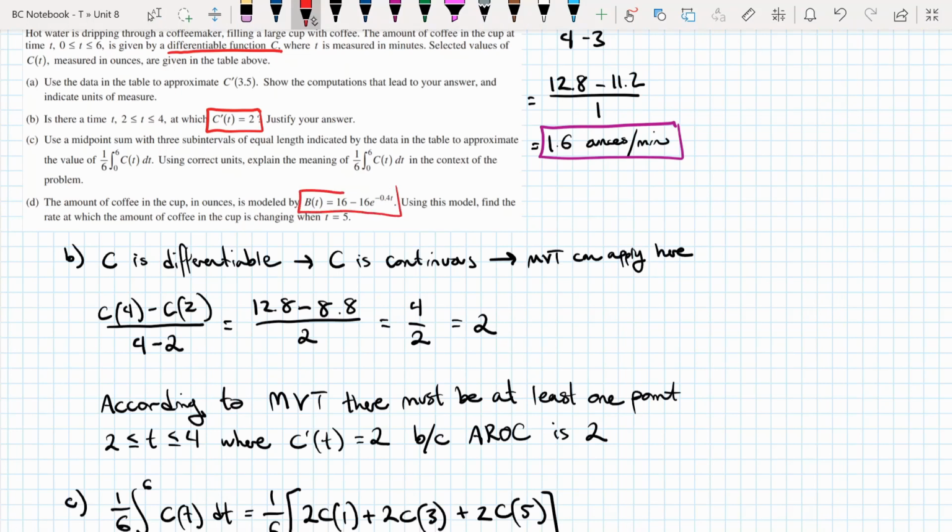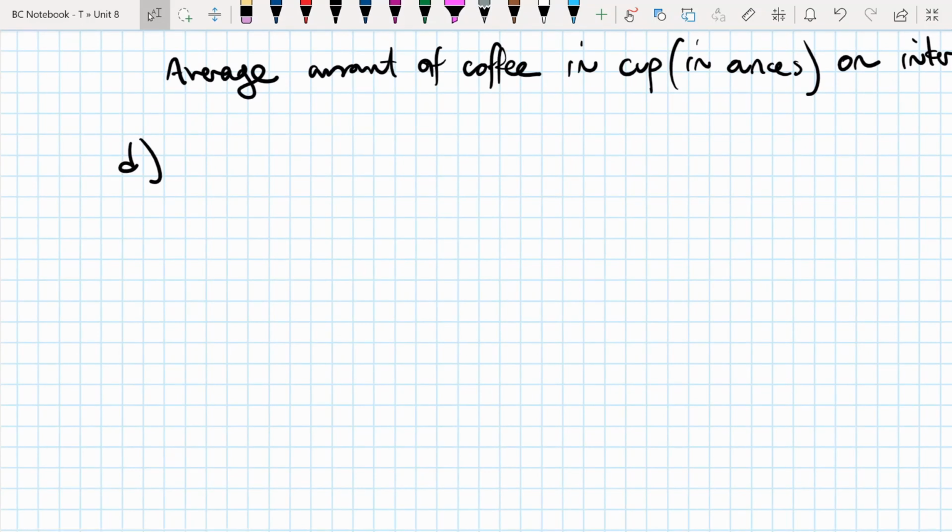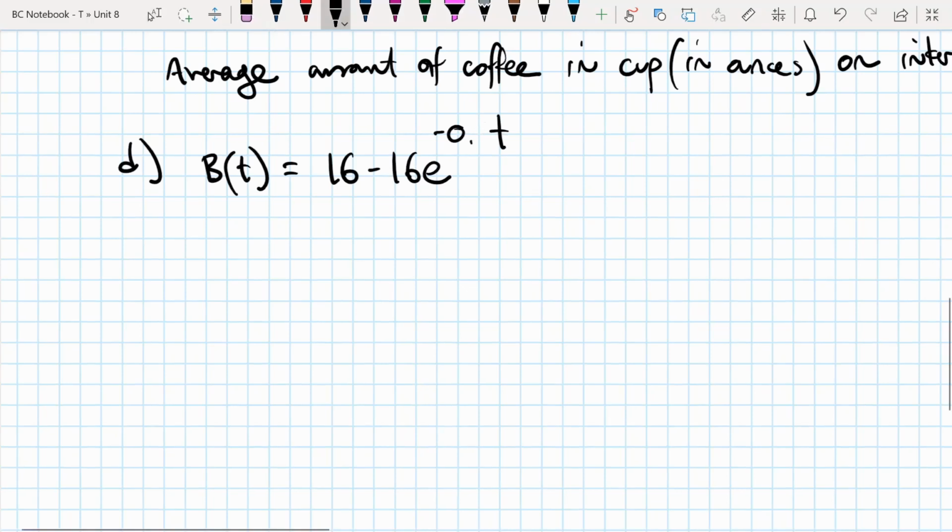So I'm going to start by rewriting this function. Let's say we have a continuous function that models the amount of coffee in the cup. We want to find the rate at which this function is changing at 5. So that just means we're going to take the derivative of this and then plug in 5.